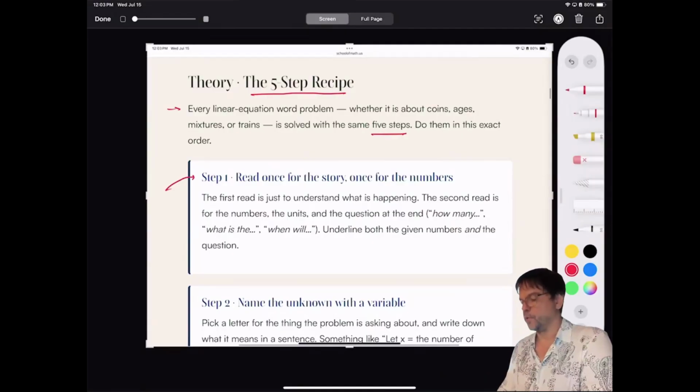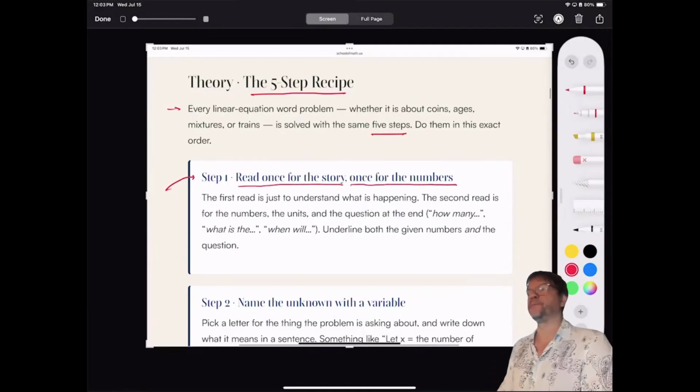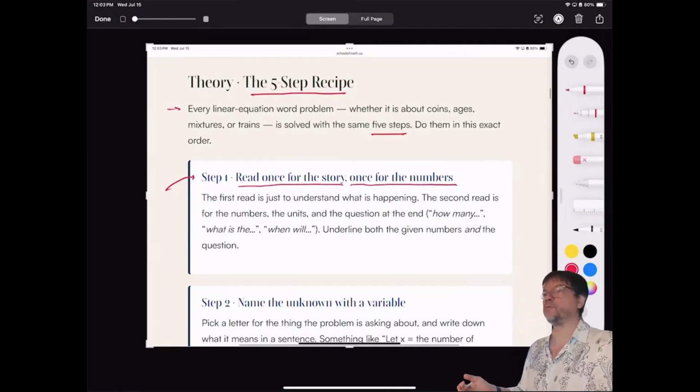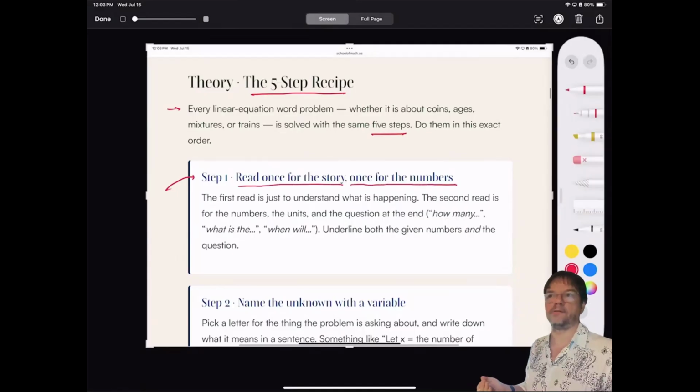Step 1, read once for the story, once for the numbers. When you develop expertise in word problems, you don't need to read twice, because in certain questions it's a waste of time. For example, in GMAT questions, you have a bit less than 2 minutes per question.